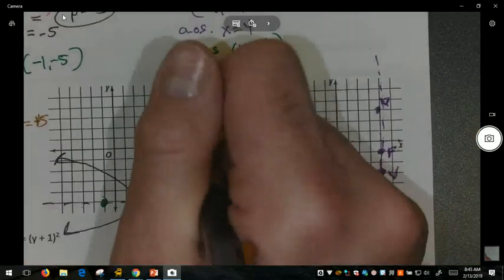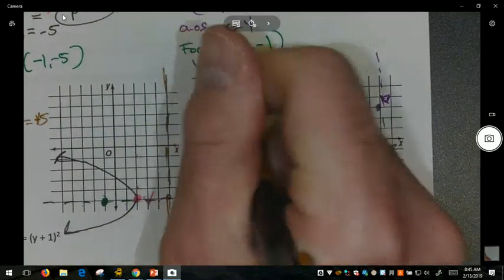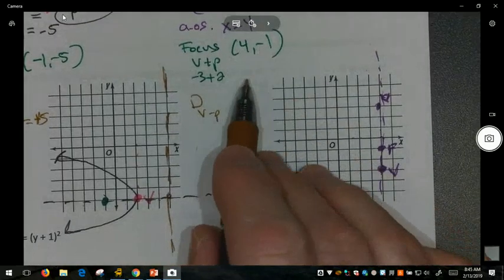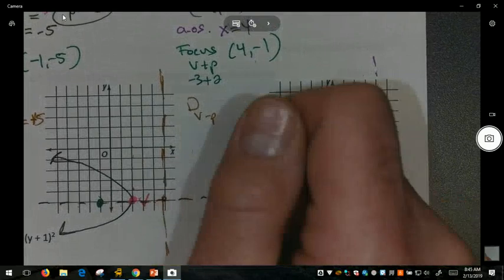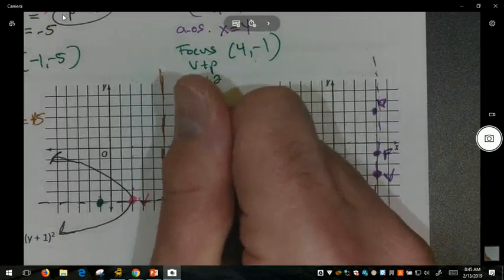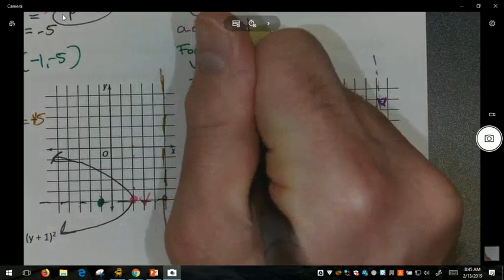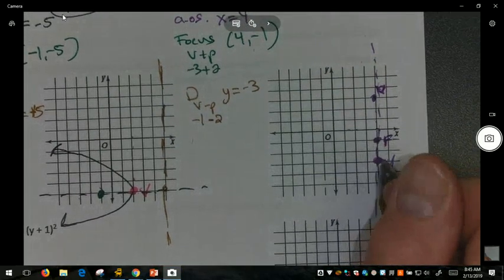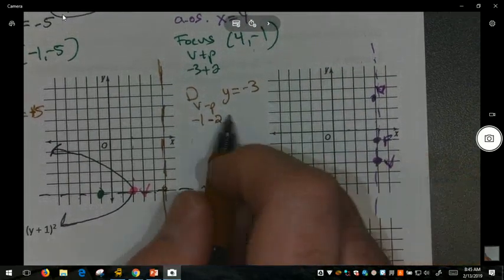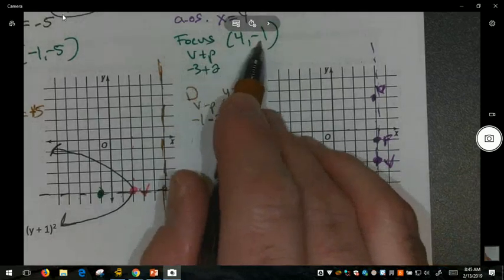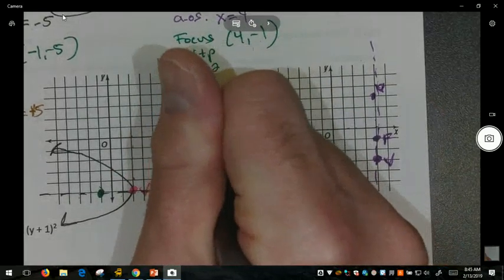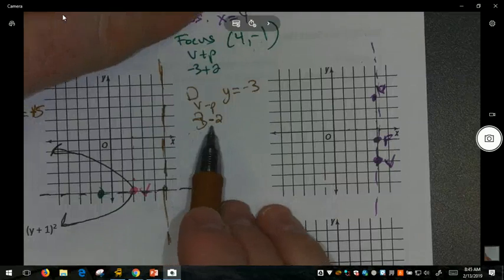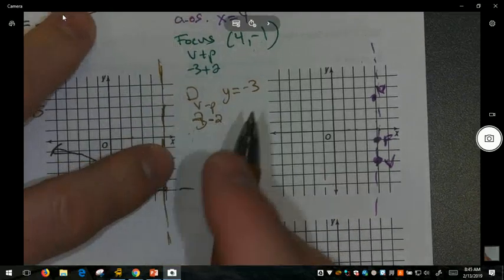Our directrix is the vertex minus p. And again, since it's opening up and down, that's going to change the y value. It's going to be negative 1 minus 2, which is y equals negative 3. So I go down negative 1, 2, wait, I looked at the focus, sorry. It was negative 3 for the vertex, minus p, which is minus 2.